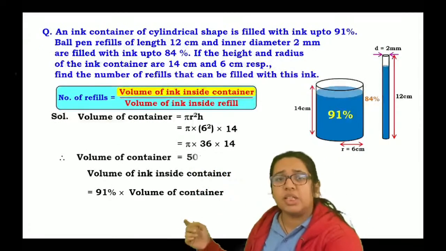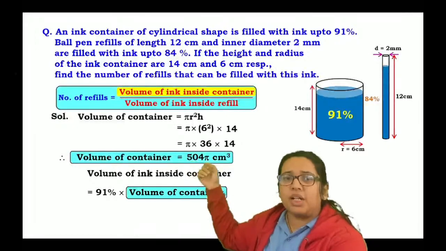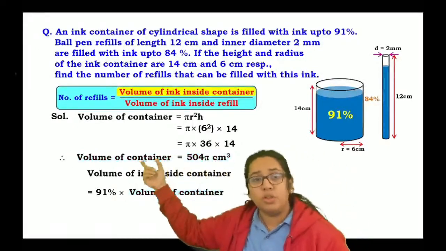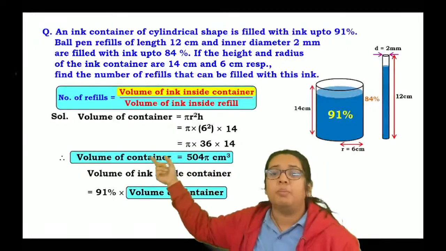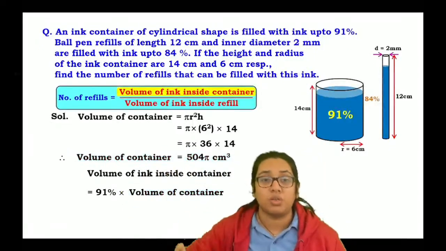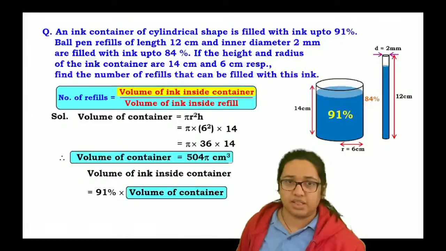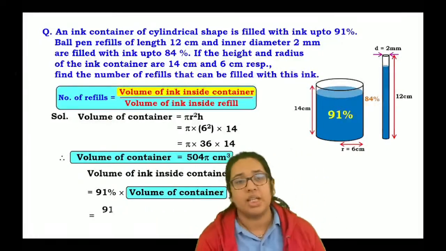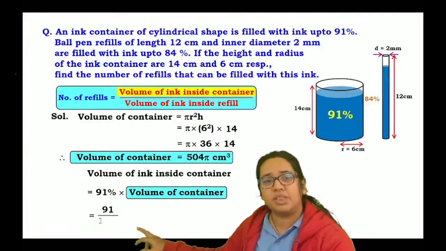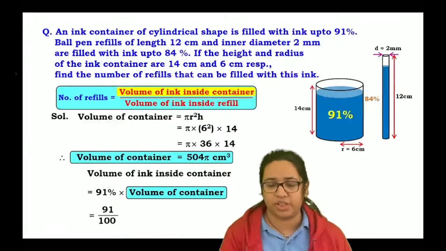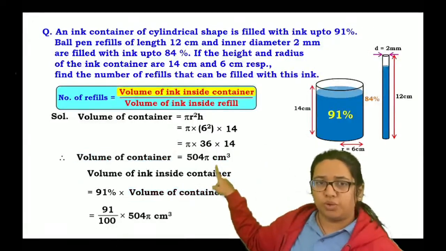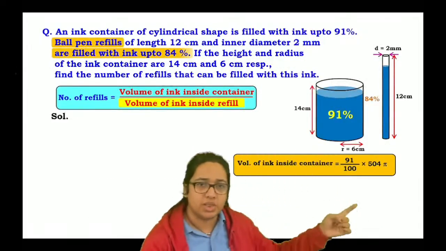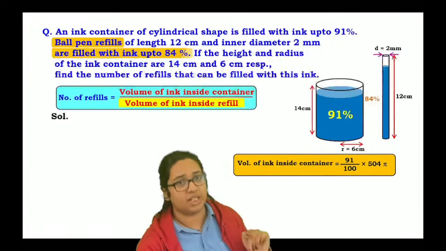After calculating this, you get 504 pi cubic centimeter. This is the volume of the container only, but we need the total volume of ink inside it, which is 91%. So 91 upon 100 into the volume of the container is the volume of the ink inside the container.